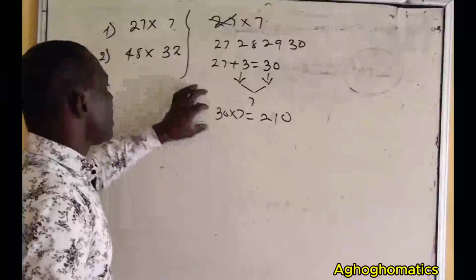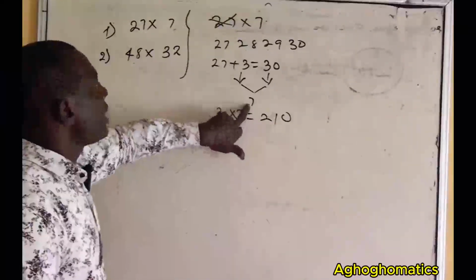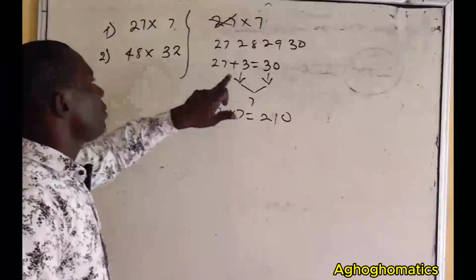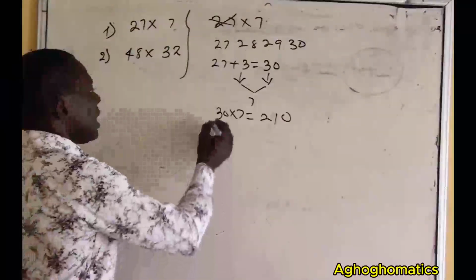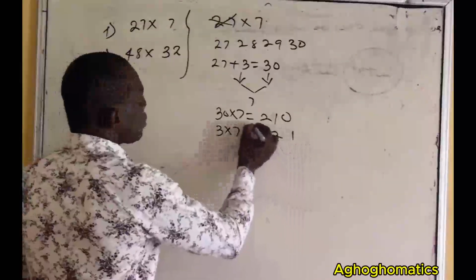So 30 times 7 is 210. Then we use this same 7 to multiply the number we added to 27, so we have 3 times 7, and that gives 21.